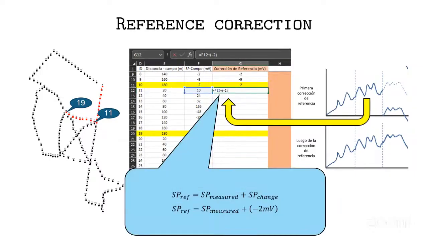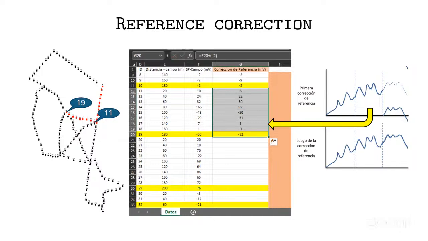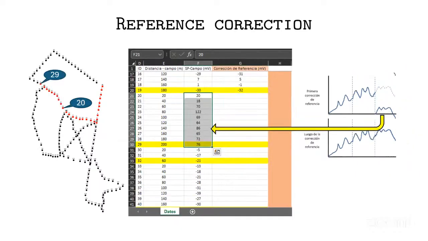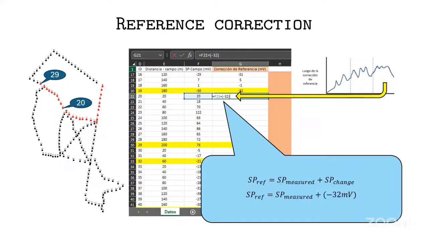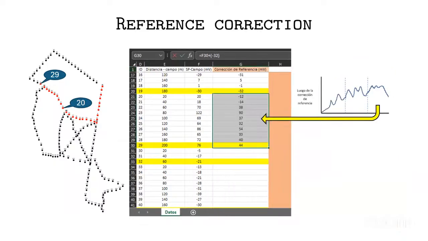The formula is applied to the section. It's the same process for the rest of the sections of the profile. We repeat the process for the rest of the profile consecutively.